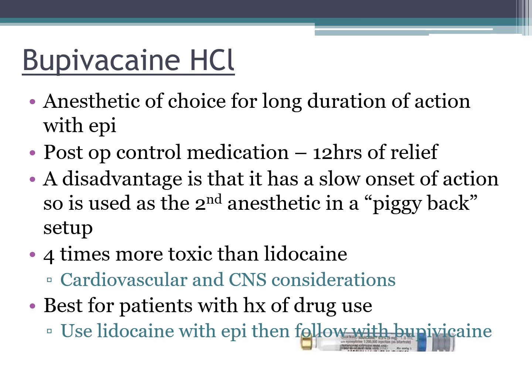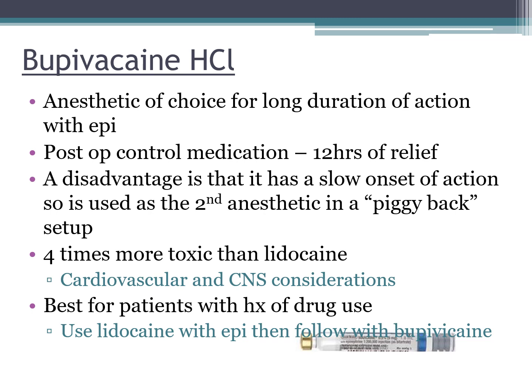It is the anesthetic of choice for long durations of action with epinephrine. It is a post-op control medication because it provides 12 hours of relief. But the disadvantage is that it has a slow onset of action. So it is used as the second anesthetic in a piggyback setup.